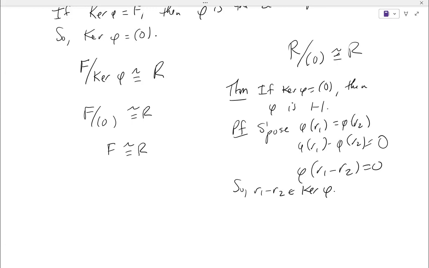But what are we assuming about the kernel? It's the 0 ideal. So what does it say that R1 and R2 must be? Or what does it say R1 minus R2 equals? Start there. 0, or R1 equals R2.